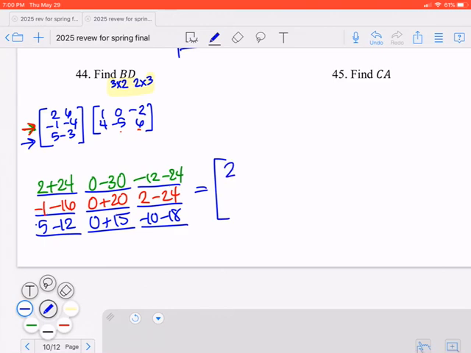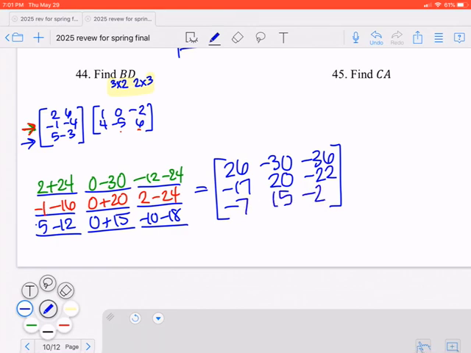Two plus 24 is 26, negative 30, negative 36, negative 17, 20, negative 22, negative 7, 15, negative 28. And I'm just checking on my paper to make sure I got the same thing.